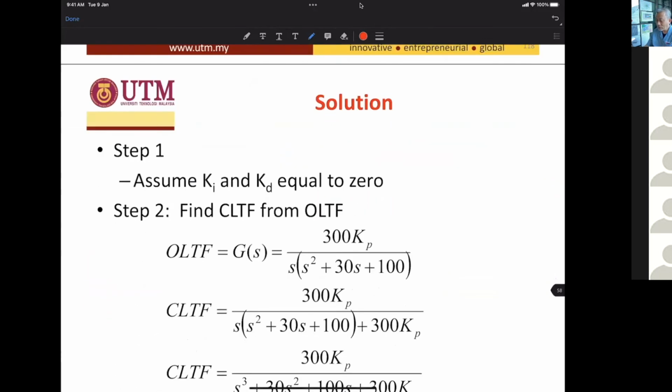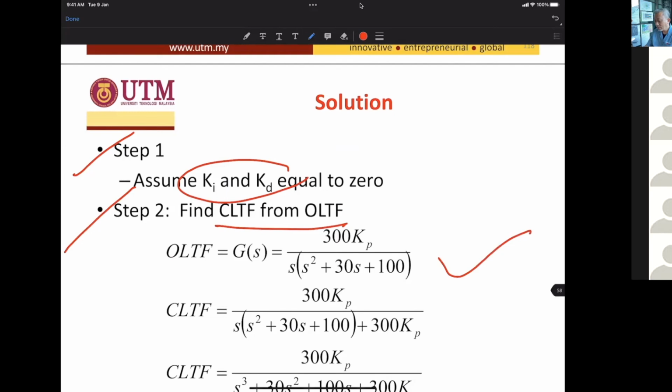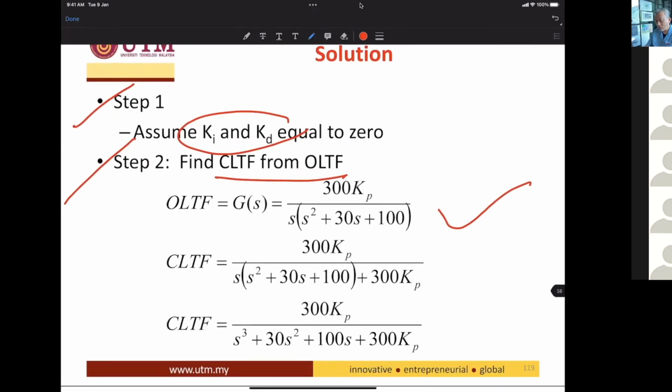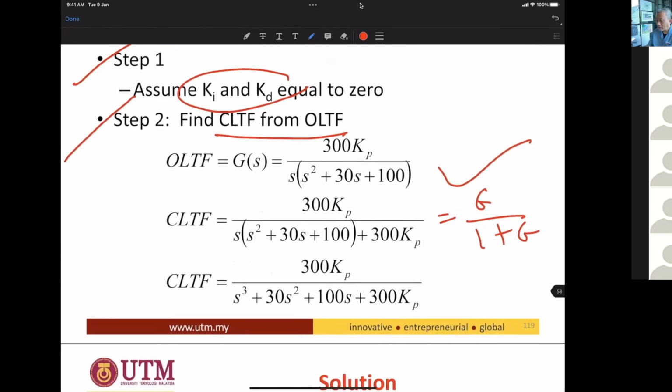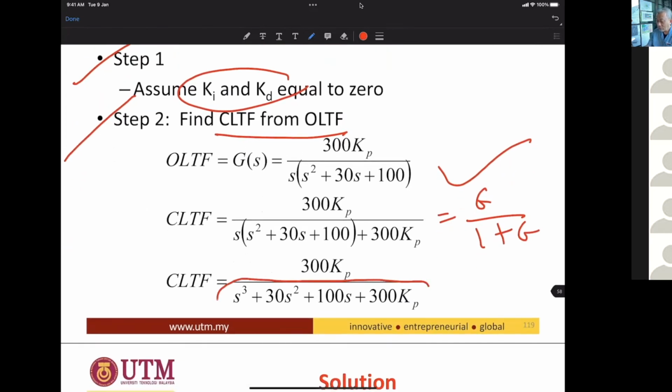In order to tune it, step 1: assume Ki and Kd equal to 0. Step 2: find the closed loop from the open loop. This is the open loop. Find the closed loop, which is G over 1 plus G. The bottom of the closed loop transfer function, set equal to 0, is the characteristic equation.